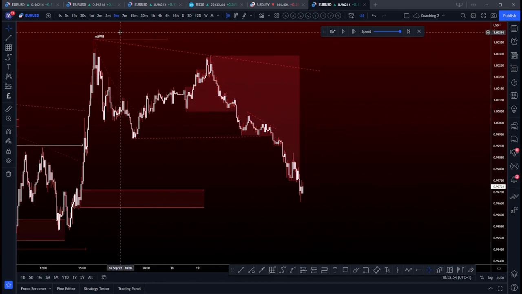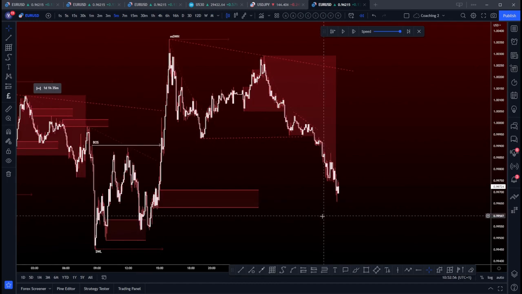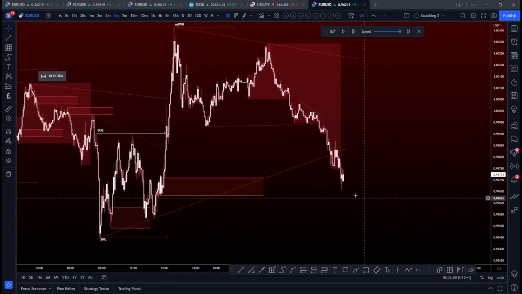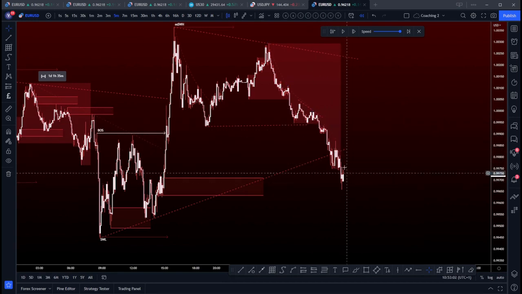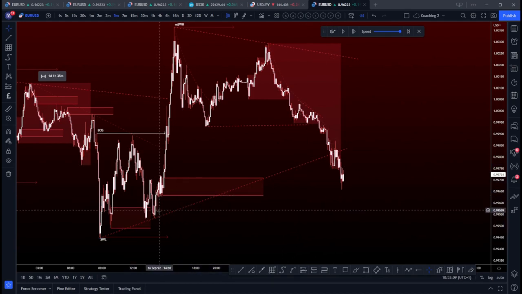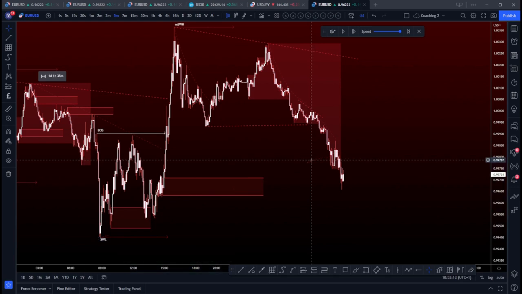We know that the market is likely to target this. Now, there is an amount of liquidity that's been built up here, guys, but the market has actually had to sweep into this liquidity to get into our zone. If the order block was down here, we would be more wary of this long-term liquidity buildup.